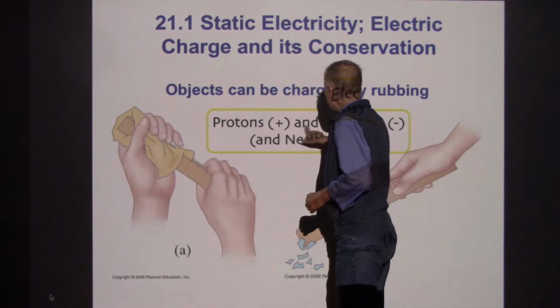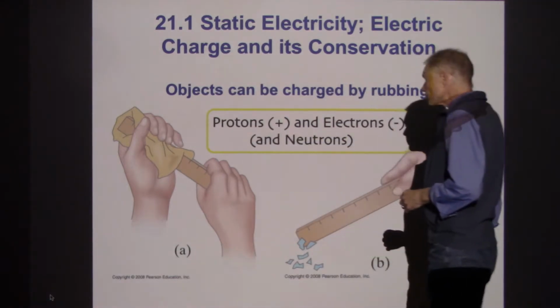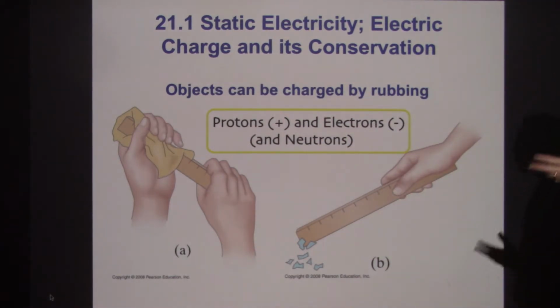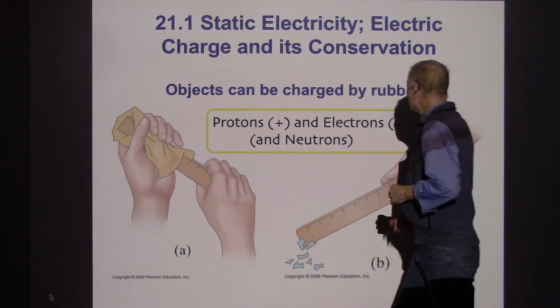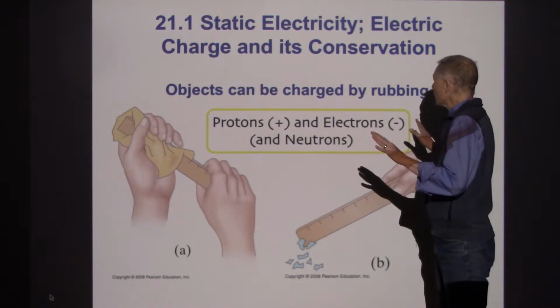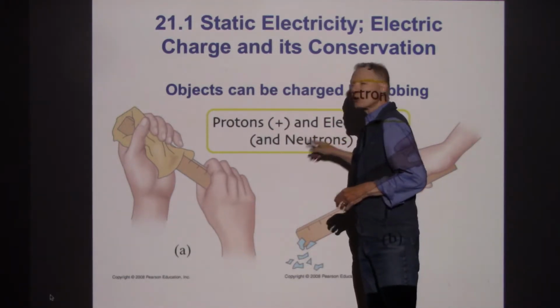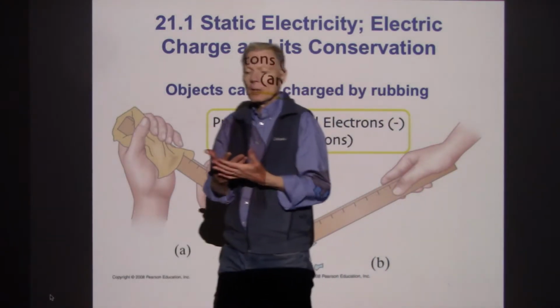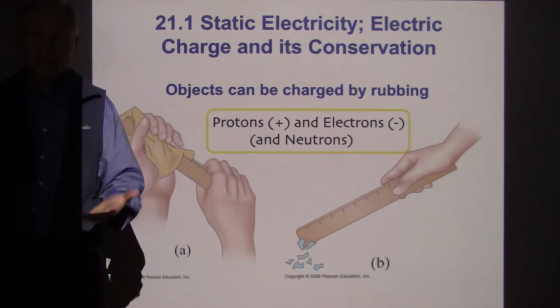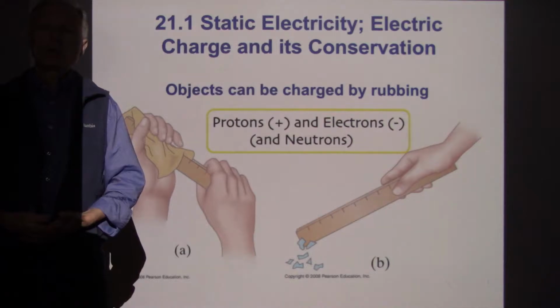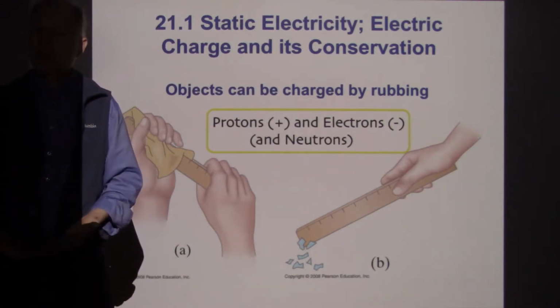If we look inside those atoms and molecules, what we find are protons, electrons, and neutrons. The protons repel each other, the electrons repel each other, but protons and electrons attract each other. And we can designate this effect in terms of something called the electric force.